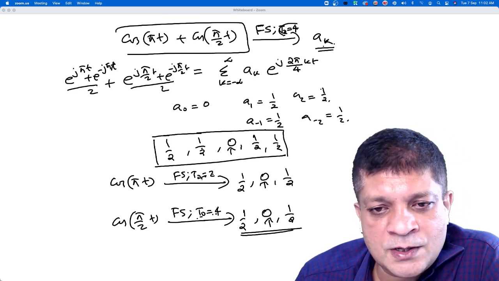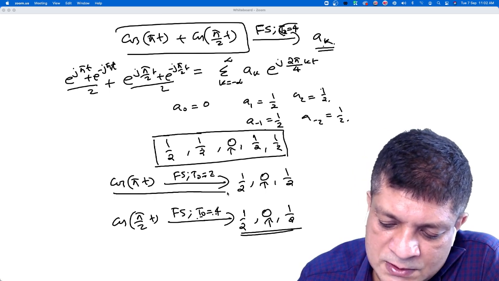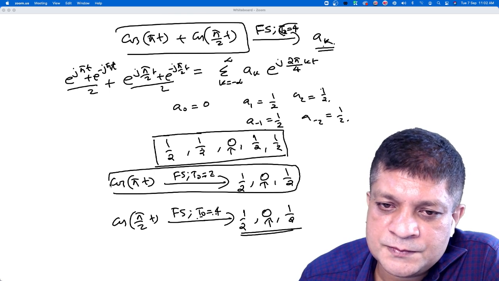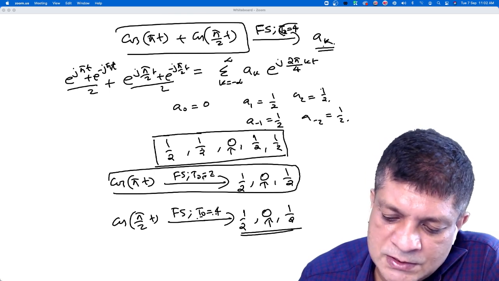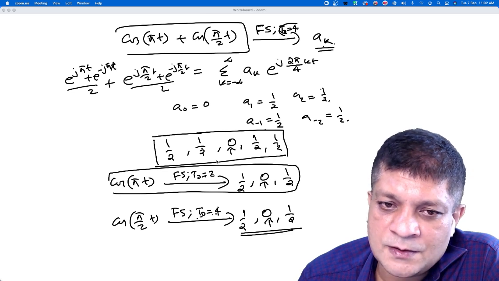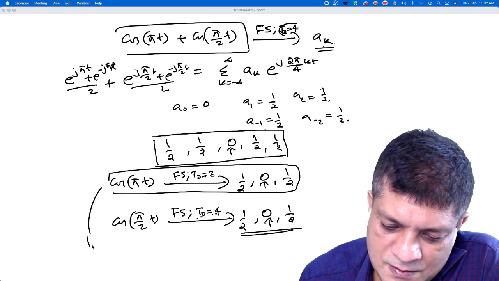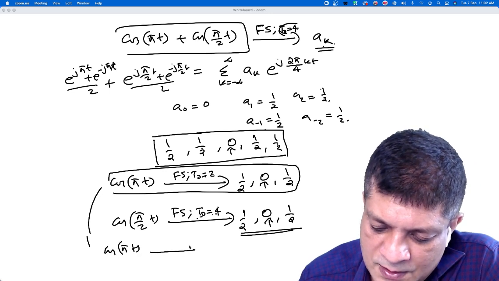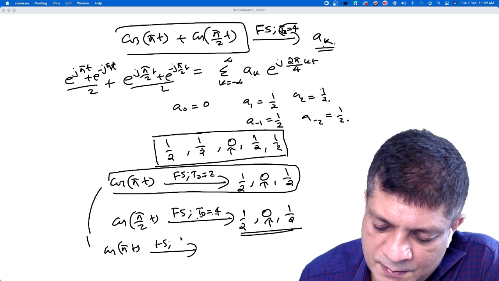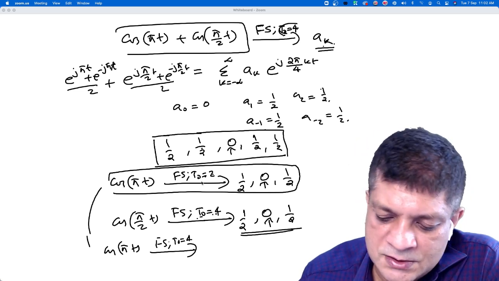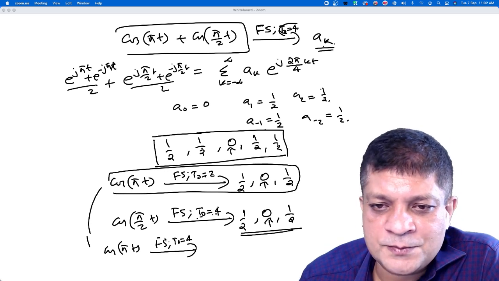So what can we do here? Can we find the Fourier series representation of this with respect to period 4? That is twice the fundamental period. My question is, cos pi t Fourier series I am considering with respect to period 4. That is double this period.